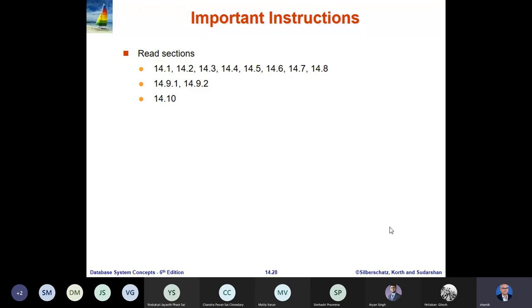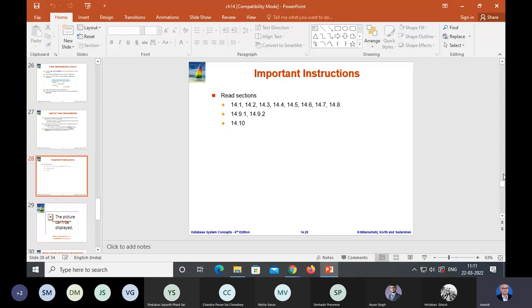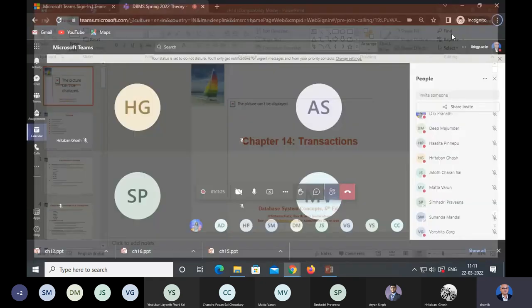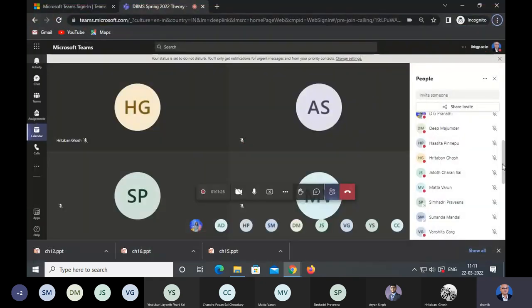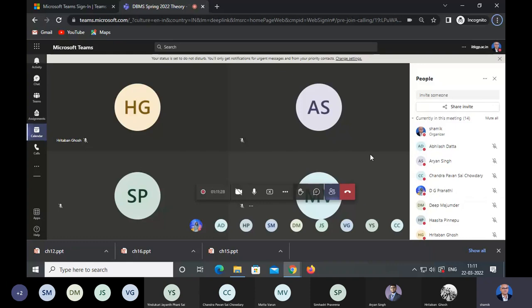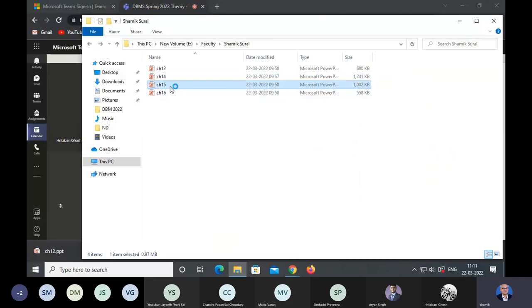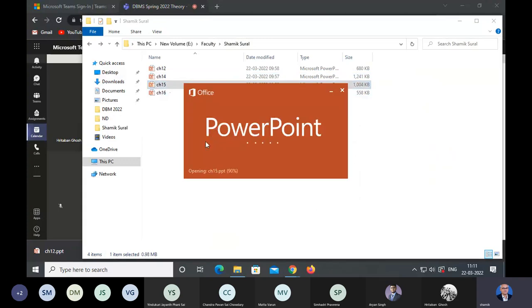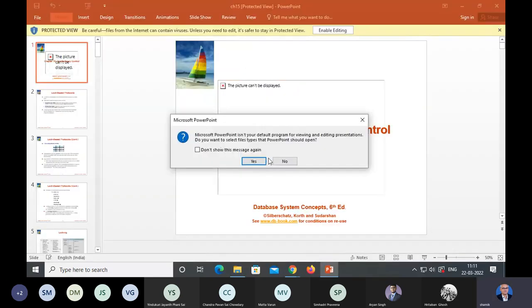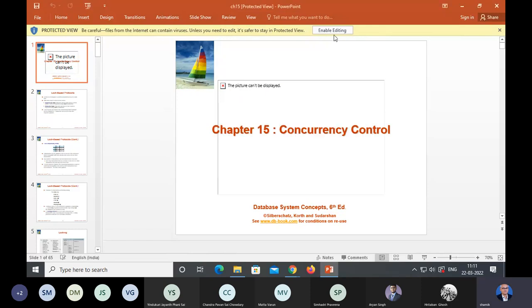Okay. So then I will move on to the next chapter, which is chapter 15, where we will talk about how we ensure that the schedules generated by the DBMS are conflict serializable or view serializable, and so on. So far, we have only discussed the definition of schedules and transactions, their properties, and those things.